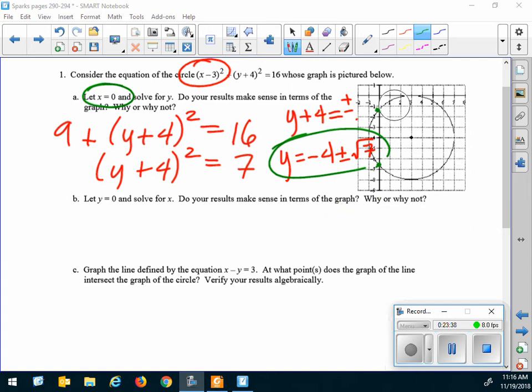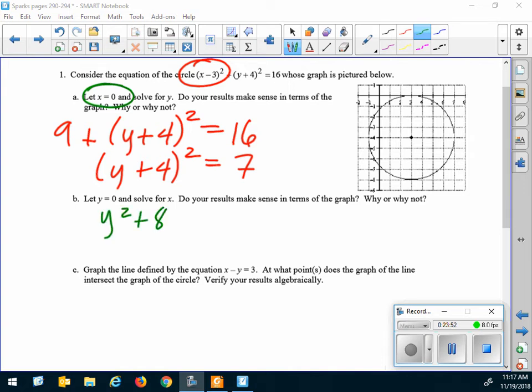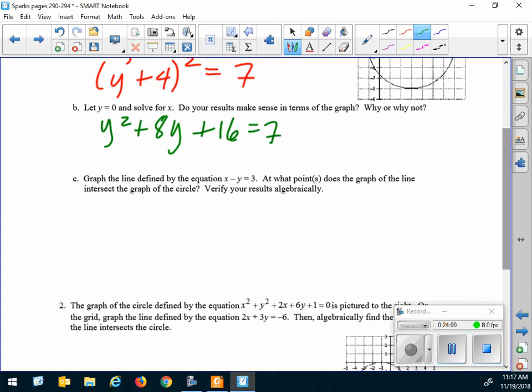Question. Could I have FOILed this out and solved for y? How would we have done it? What are we going to do with that? Subtract 7, so we'd have y squared plus 8y plus 9 equals 0. Will that factor? Not.